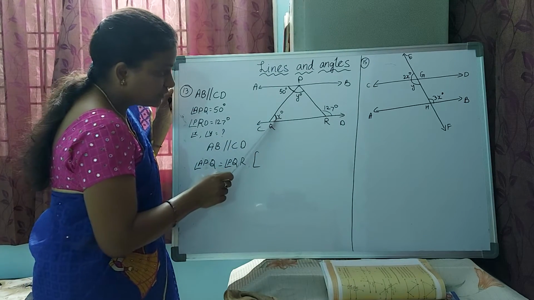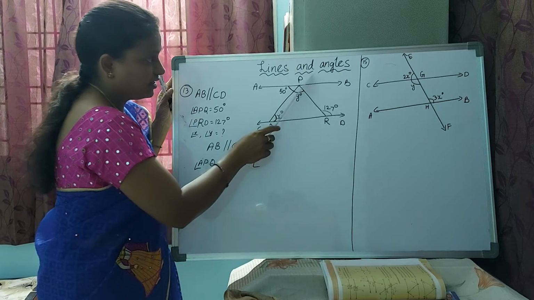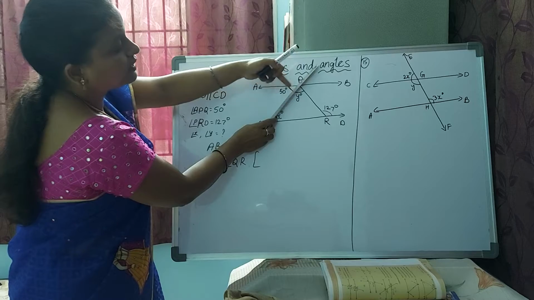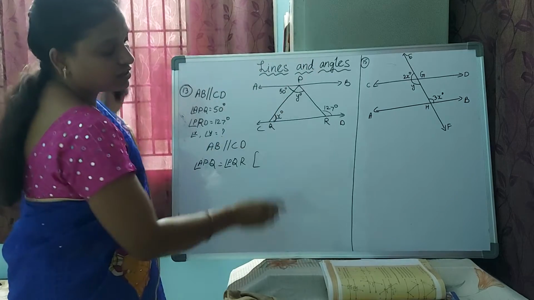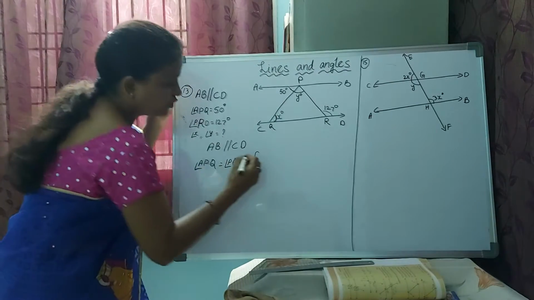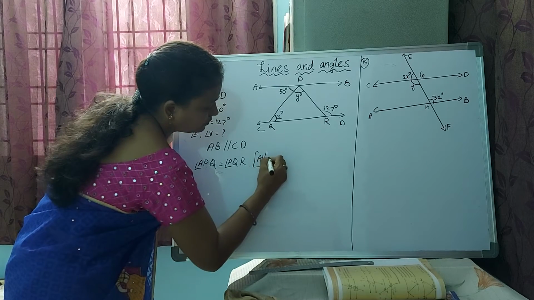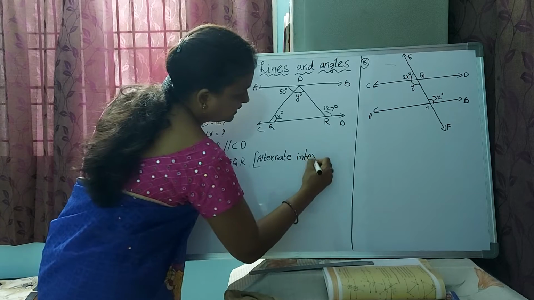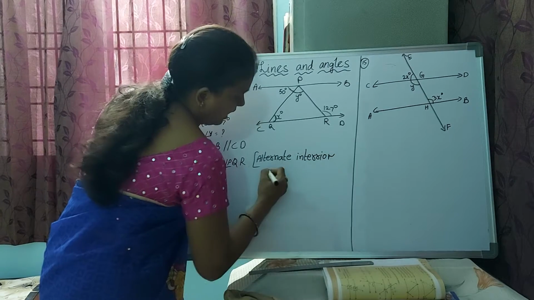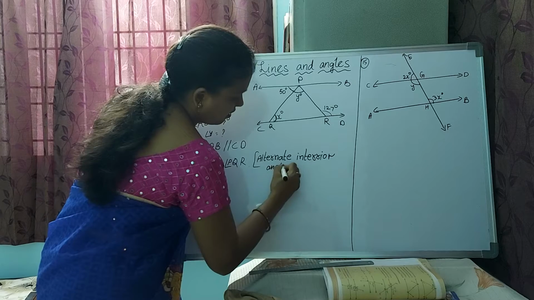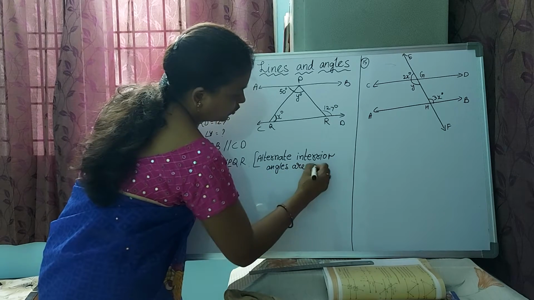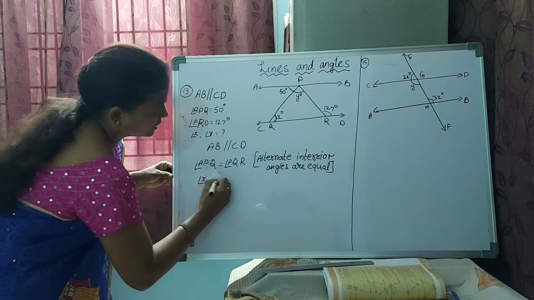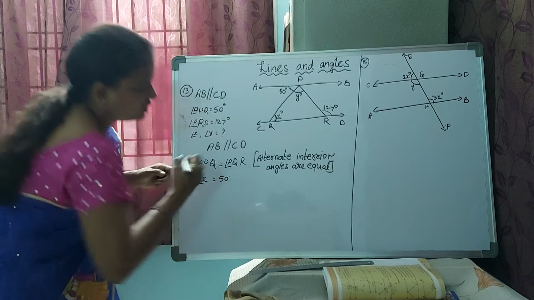Alternate interior angles are equal. So angle X is equal to 50 degrees. We found X.